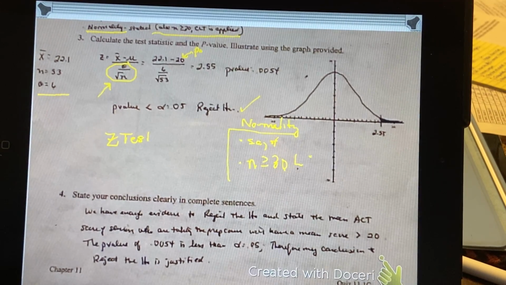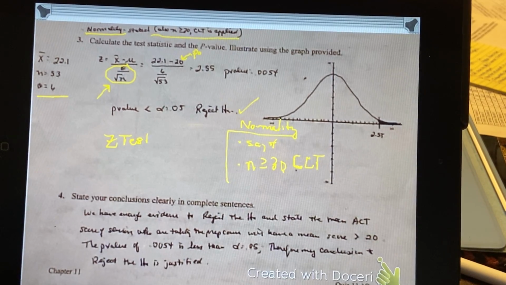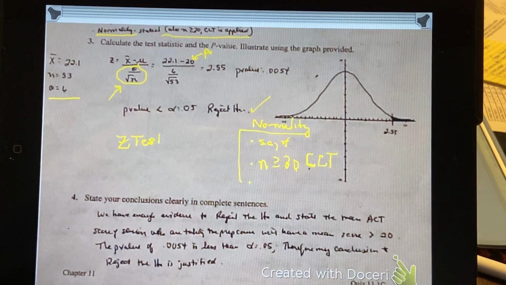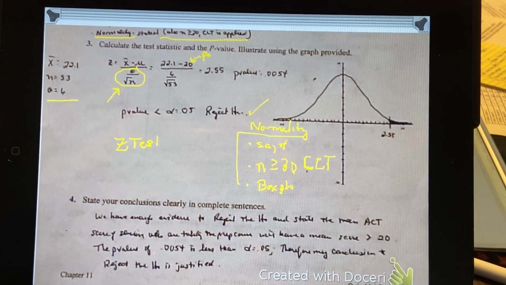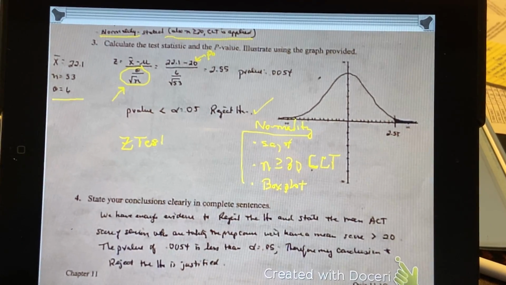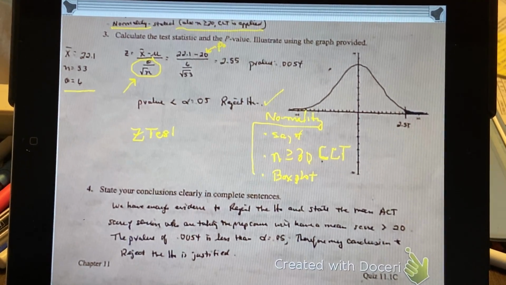That way you got your central limit theorem coming in. And the last thing is if they give you data, and we'll get to that here in a little bit, then you do a box plot. That's the easiest graph to make to tell if you have a normal distribution or approximately normal, okay? So don't forget about that.